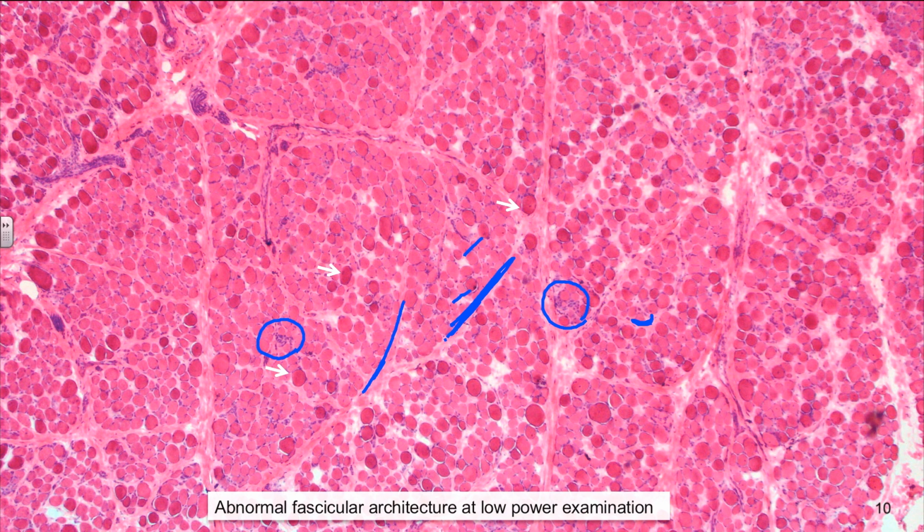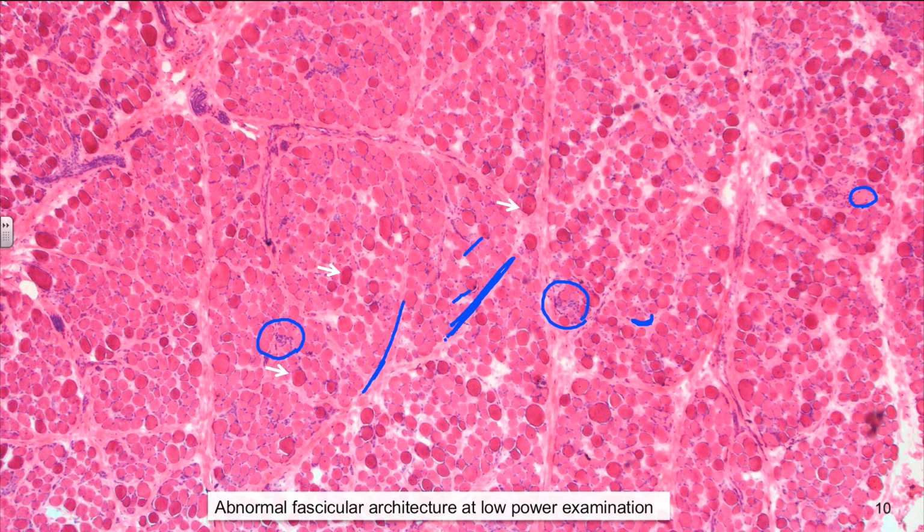But if you focus on areas that are looking a little bit bluish with a lot of cellularity to them, these are basically the areas where the fibers have degenerated, and possibly the cleanup crew or the regenerative crew are there to do their job. In some areas we can even see dead myofibers, because you can see there's a myofiber there but it's not really coloring well with the pink.